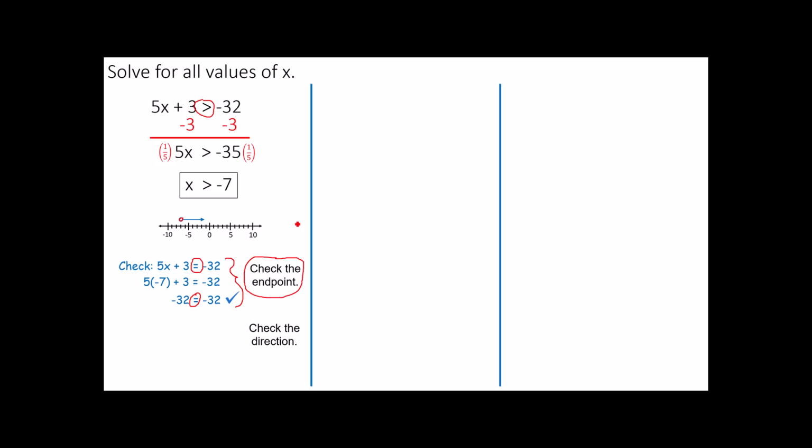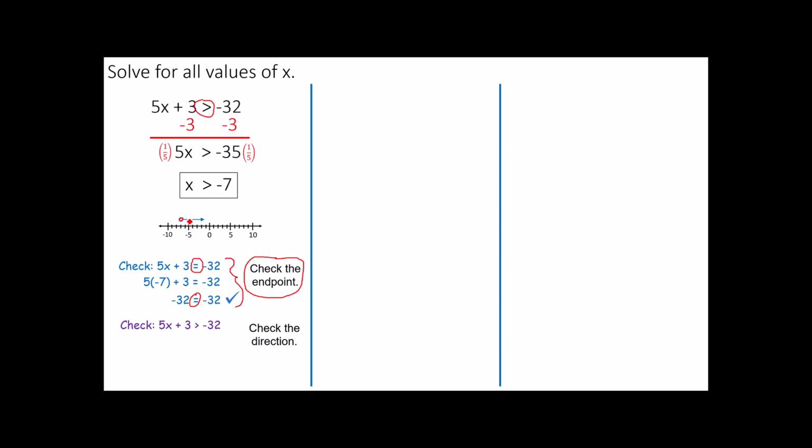The second thing we have to do with an inequality is go back and check the direction. And we're going to do that by using the inequality itself. 5x plus 3 is greater than negative 32. And then, since we're trying to find values that are greater than negative 32, I'm going to pick any value greater than negative 7 to test. It really doesn't matter which one you pick. We've verified that the negative 7 is in the right place.